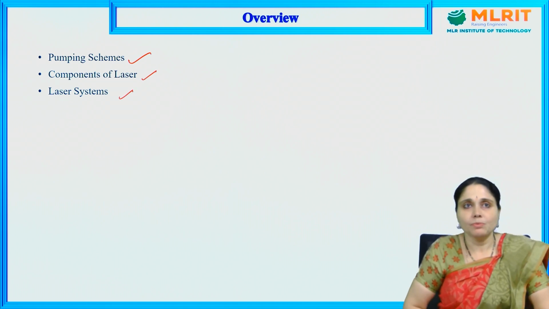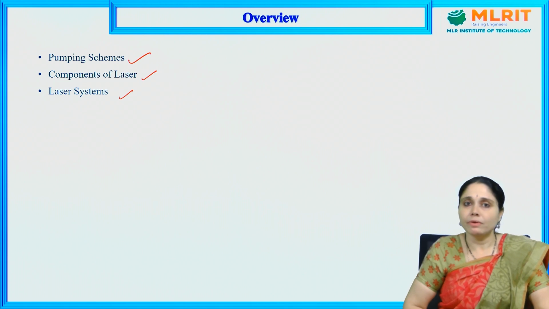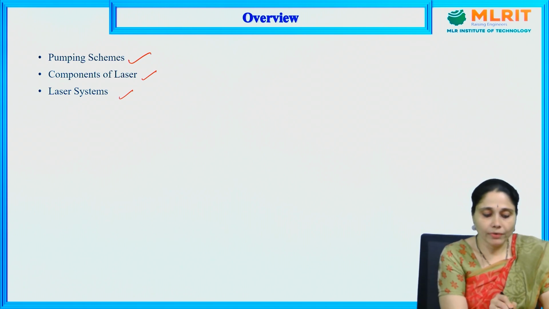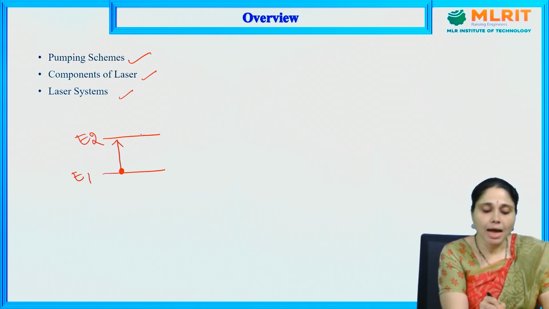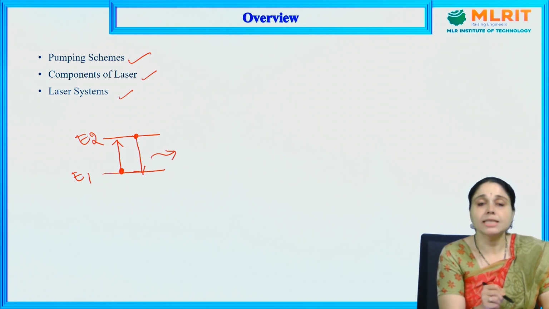In the previous video, we have learned about population inversion. Now population inversion can be achieved whenever there are three energy levels. First of all, we have learned about two energy levels, E1 and E2, where the atoms in the ground state can be excited to the higher energy state and come back to the ground state by releasing some amount of energy.